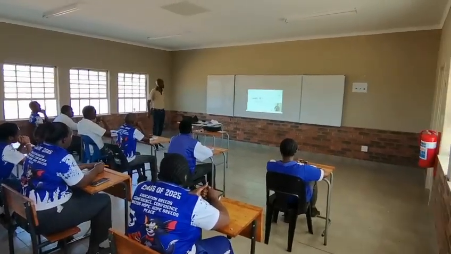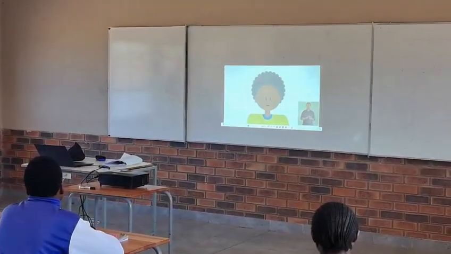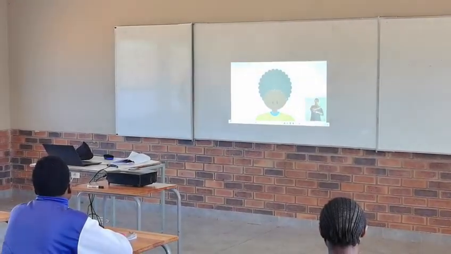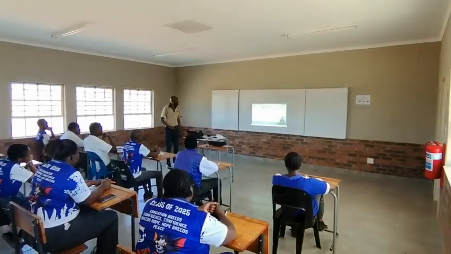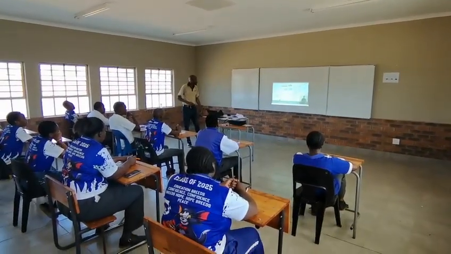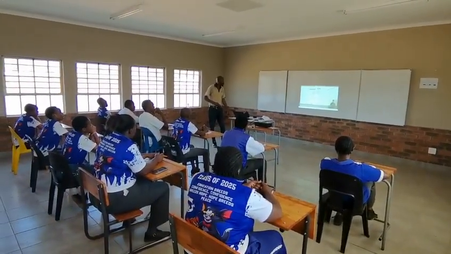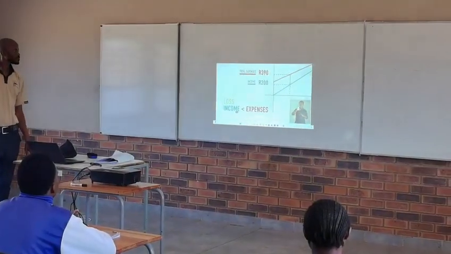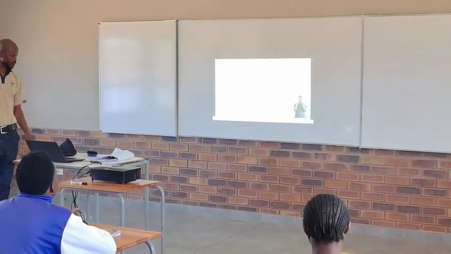Let's go on. So her expenses are more than her income. After all this work, she's making a loss. The income is less than the expenses, and it makes a what? Loss. A loss is when her income is less than her expenses.